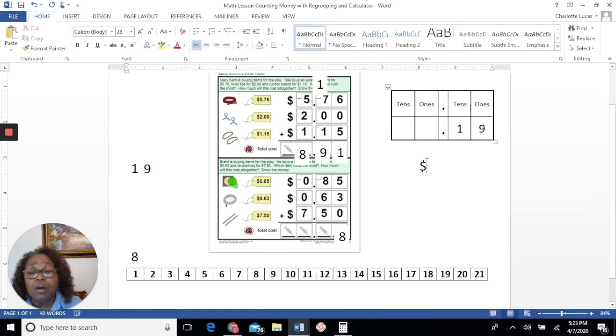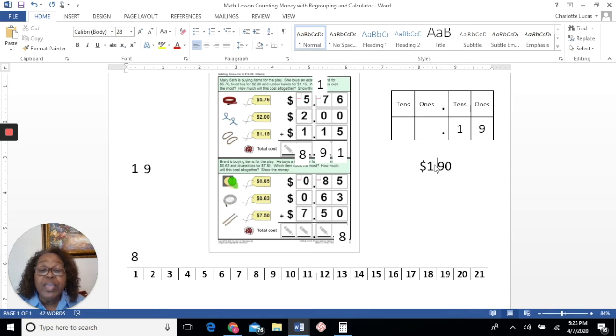And we're talking about tens, and we're talking about money. So it would be 190. 190, and 100 of that is $1. So we have to put our decimal point in place.